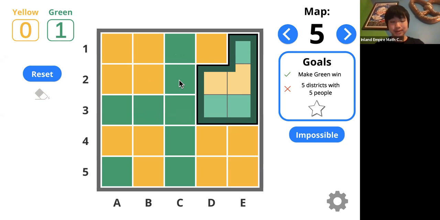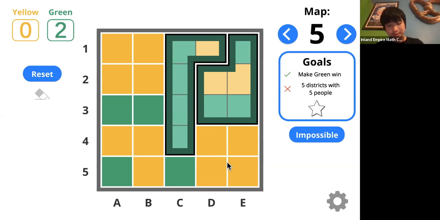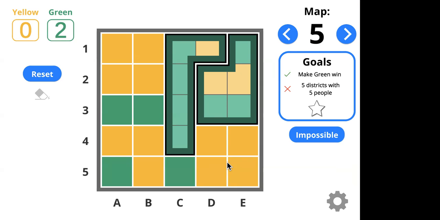So we want to also minimize the amount of votes that we waste. Yeah, that's actually quite hard when I look at it. 1, 2, 3, 4, C, and then 1, D. Still not gonna work.